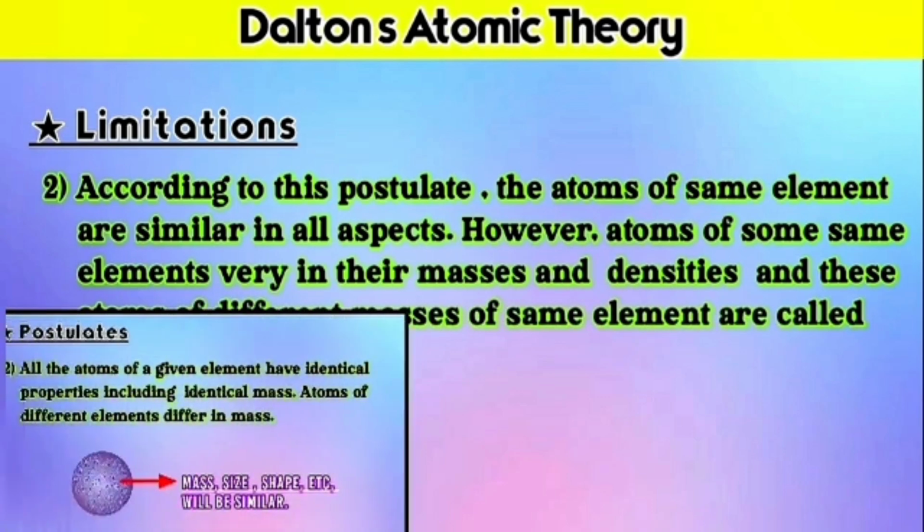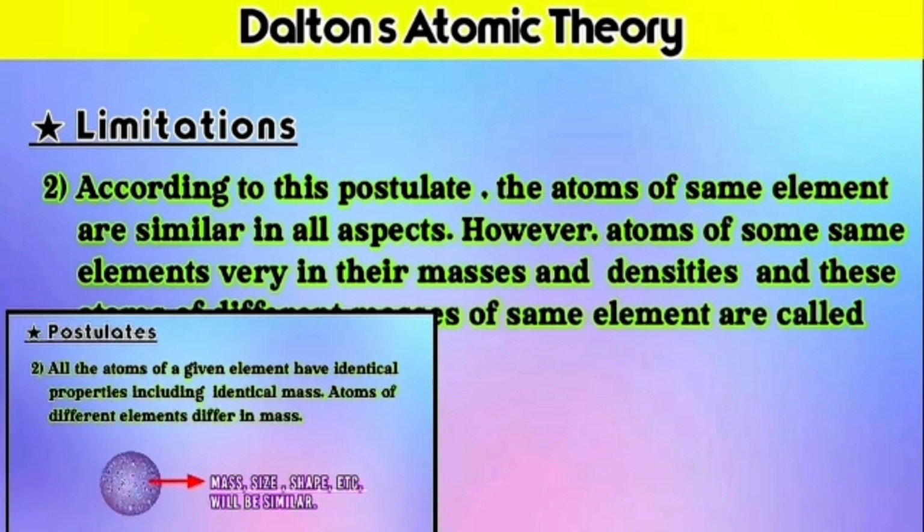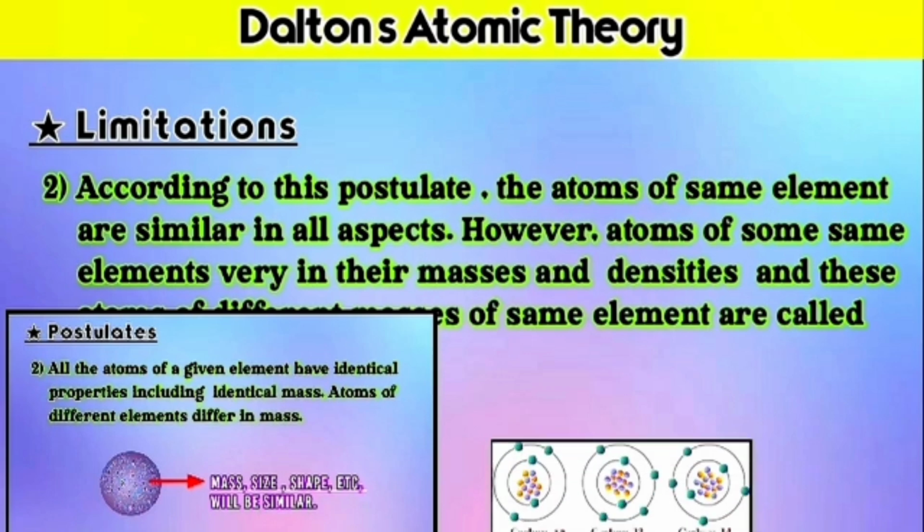We learnt in the second postulate that all the atoms of any particular element have similar properties in shape, size, mass, etc. But currently we know that in some elements, all atoms don't necessarily have the same masses and densities.